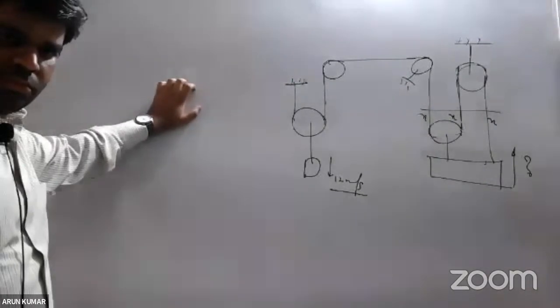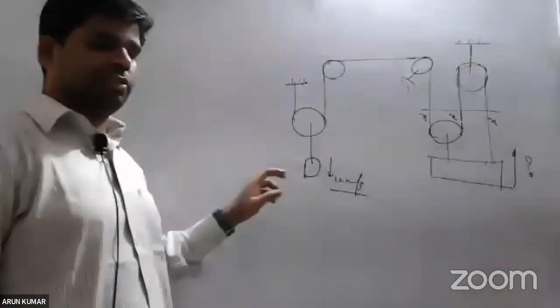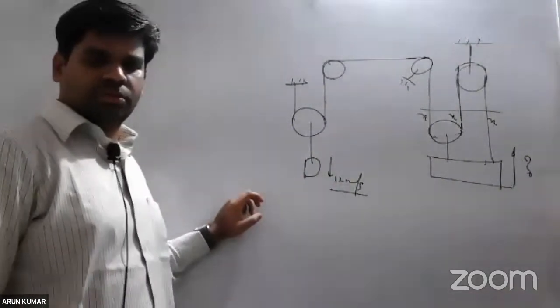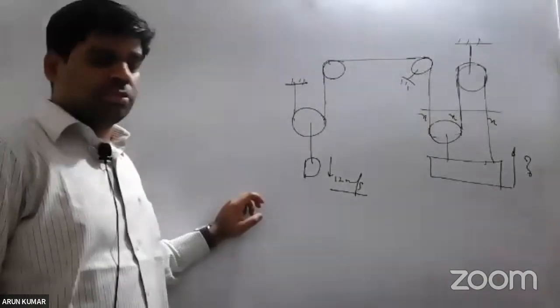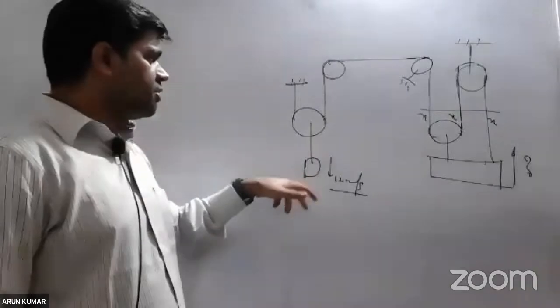Three x. Yeah, this string slackens by 3x. Does this block come down? This string slackens by 3x. If this comes down by 3x, how much does this block come down?